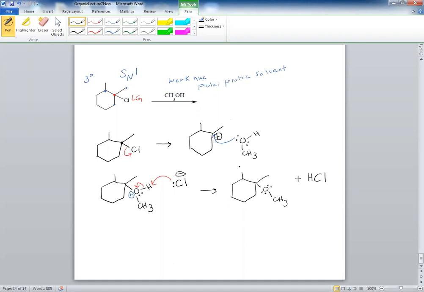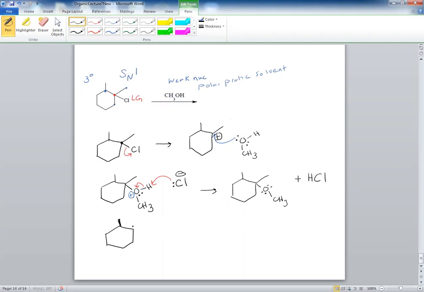So you have to draw both of them. The easy way of doing it is to alternate between the methyl and the methoxide, the OCH3, attached here.